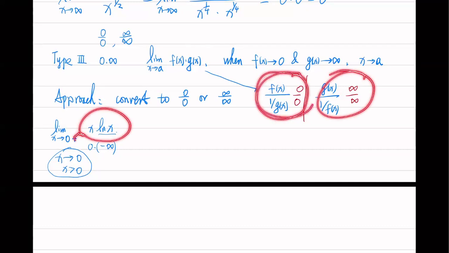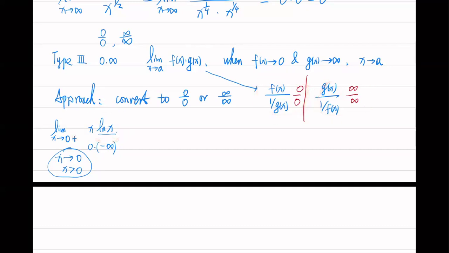Okay, let's try 0 over 0. What will be on the denominator? If we take the derivative of this, it is easy, but the derivative of this becomes much more complicated.